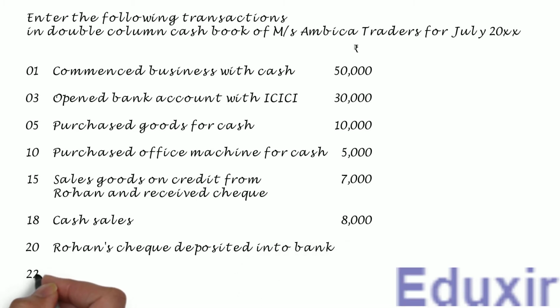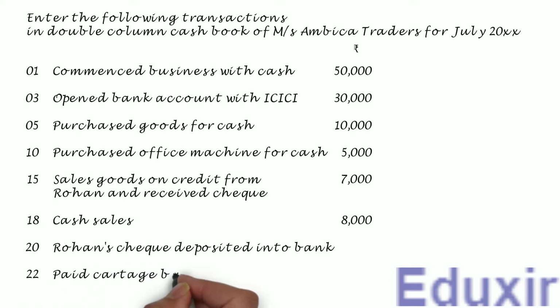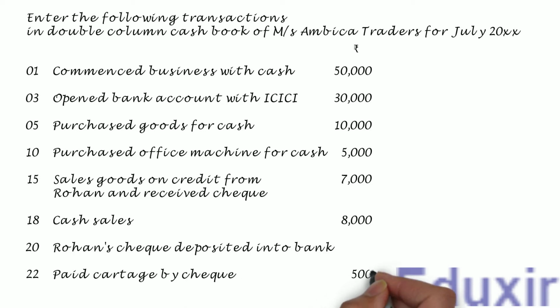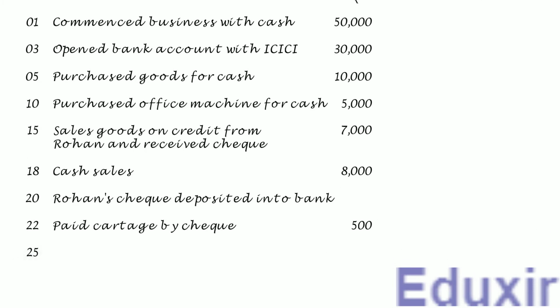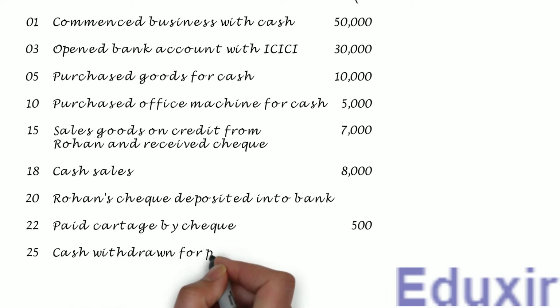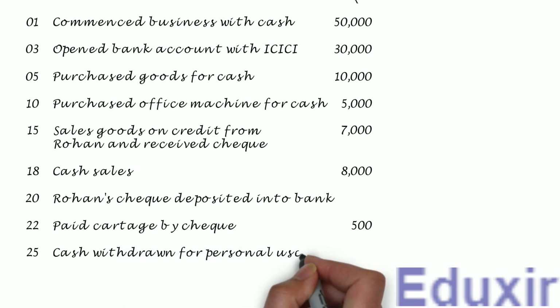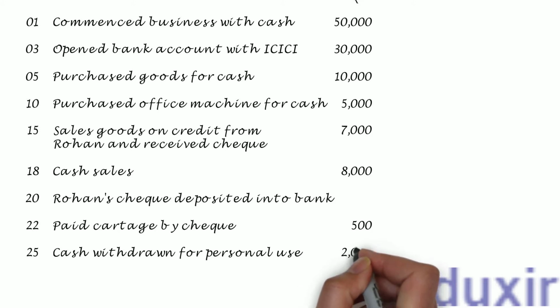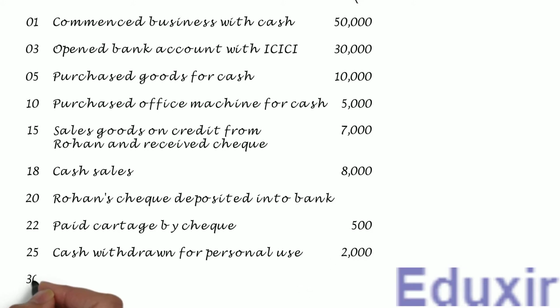On 22nd July, paid cartage by check 500 rupees. On 25th July, cash withdrawn for personal use 2,000 rupees. On 30th July, paid rent by check 1,000 rupees.